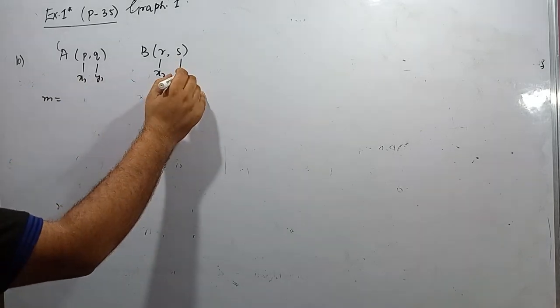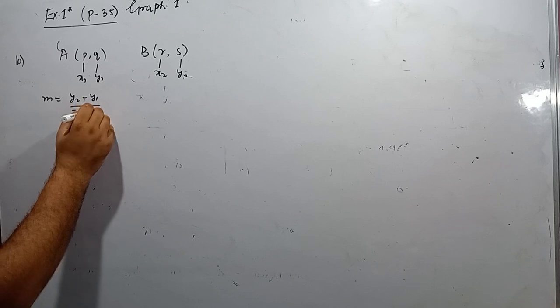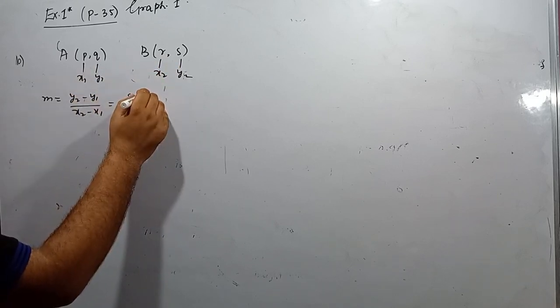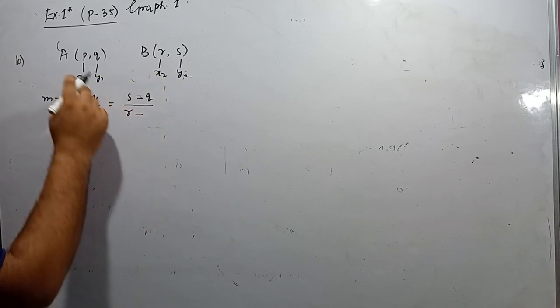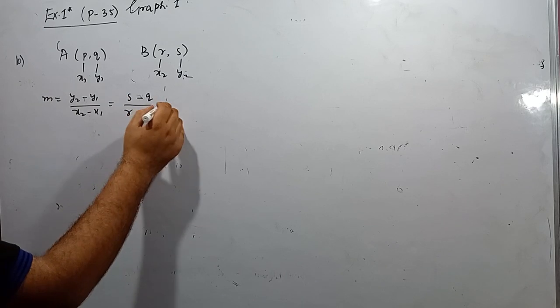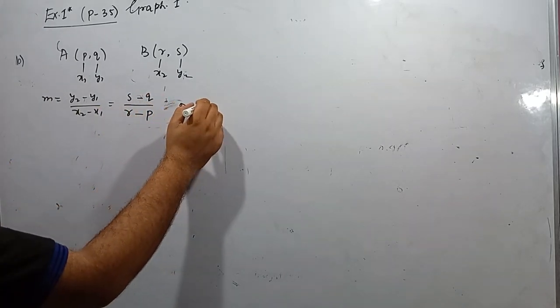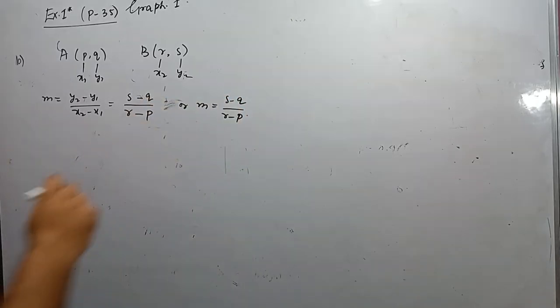M equals y2 minus y1 by x2 minus x1. What is y2? That's S. Then this minus. What is y1? Q. Divided by what is x2? That's R. Then this minus. What is x1? That's P. This is only the answer. Or I can write M is equal to S minus Q divided by R minus P. This is the answer of the question number 10.